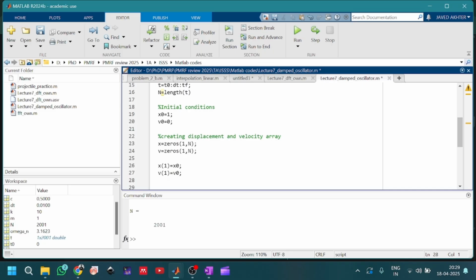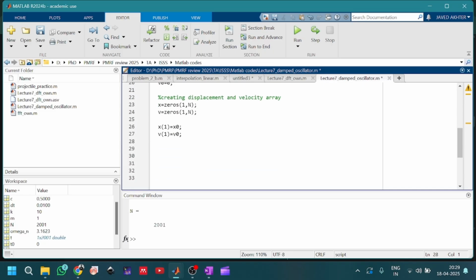Now, since this is a second order differential equation, we have to specify our equation as first order. So what will be the equation? One is dx dt equal to v. So this is one equation, and we have another equation, which is dv dt equal to, what should be the equation?